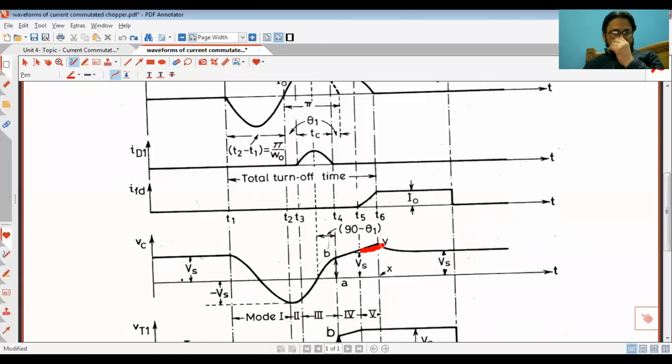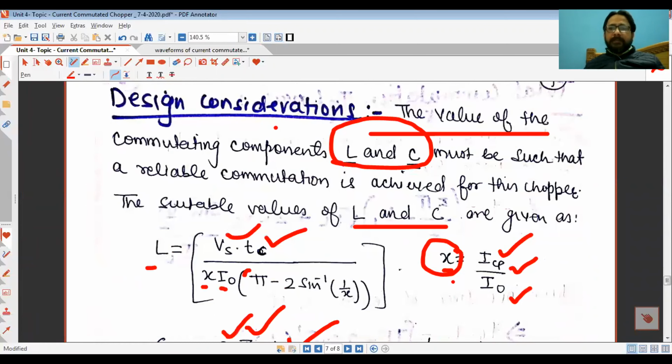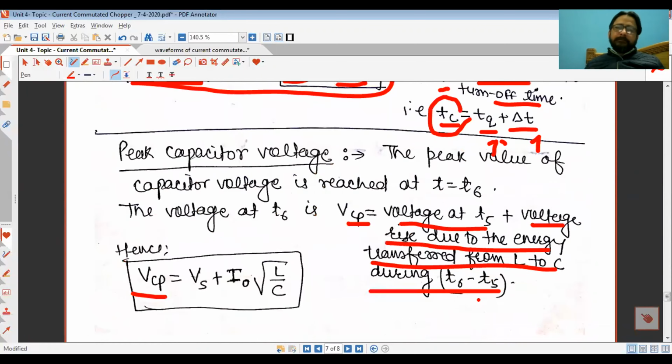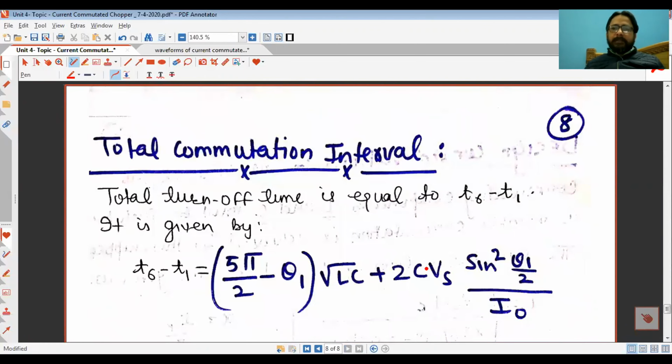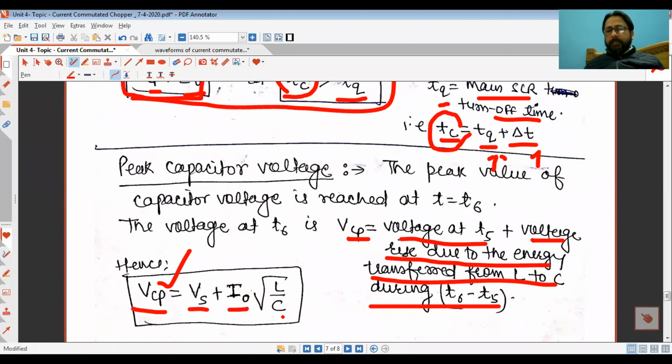Now this voltage is because of the energy transferred by the inductor to the capacitor. Since it is a resonating circuit, they would assist each other, and that is why the capacitor voltage increases to a peak value which is equal to Vs plus I naught under root L by C. So this is the amount of voltage gained by the capacitor because of the inductor, right?